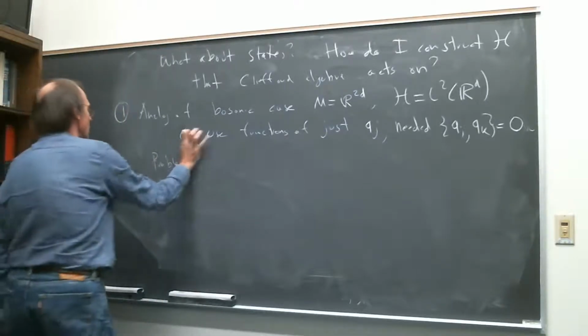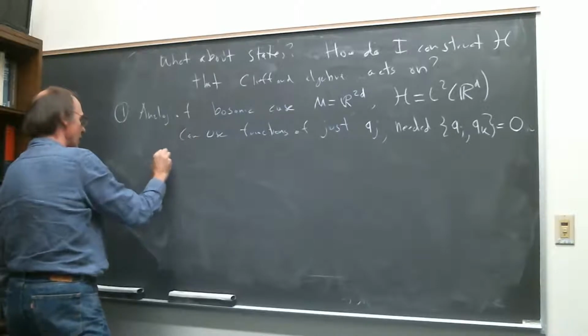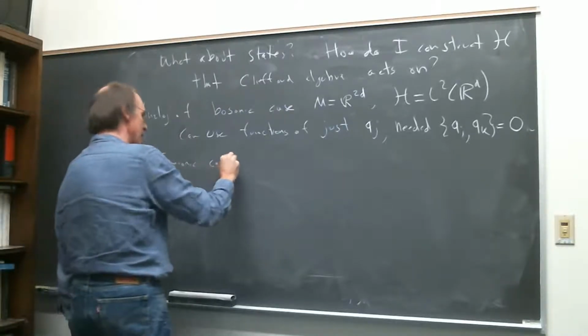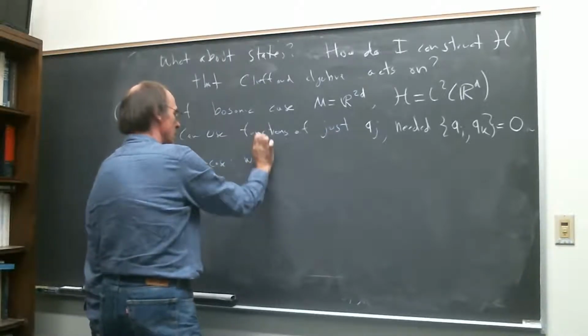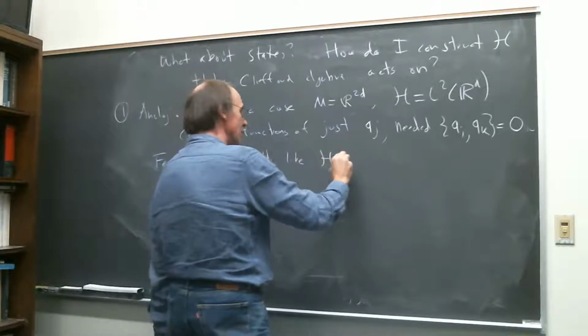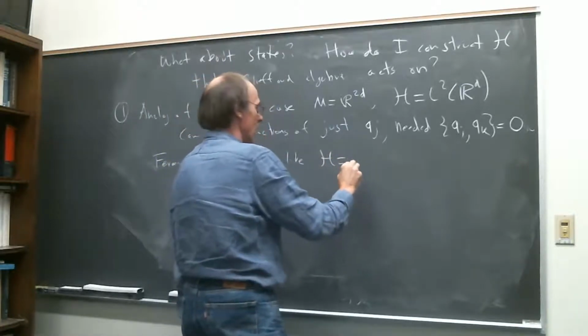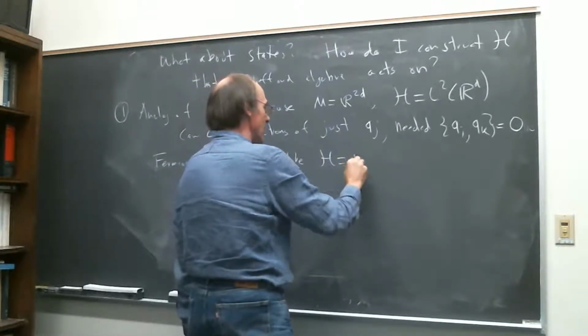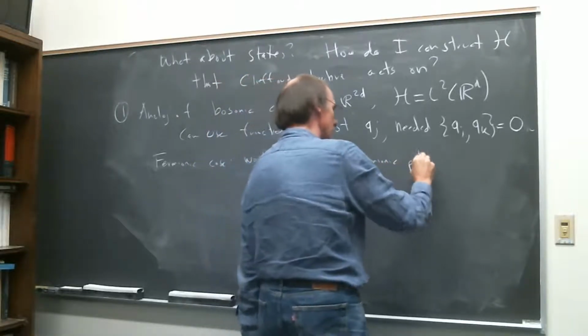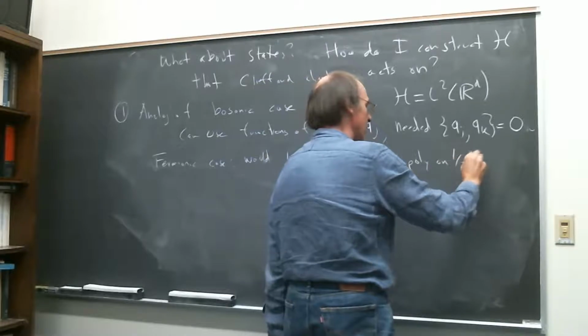So in the fermionic case, we'd like to take H equal to fermionic polynomials on half the variables.